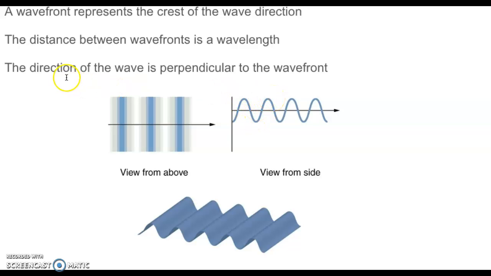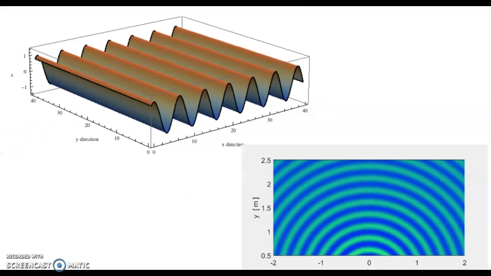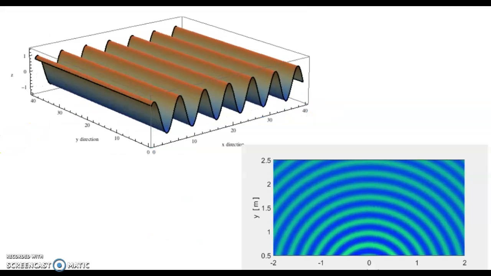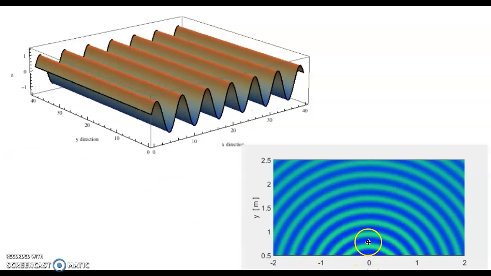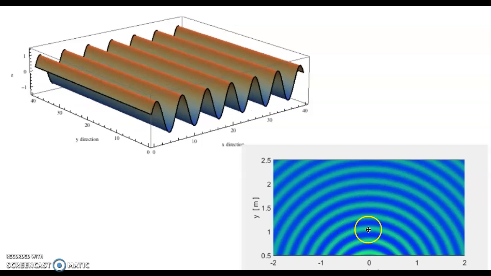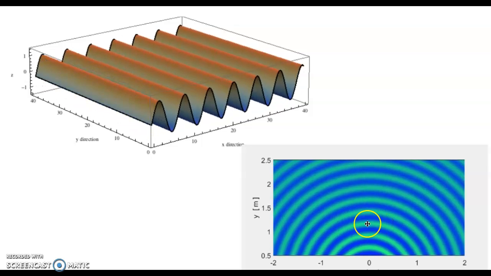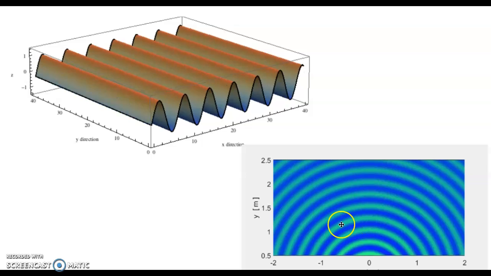And the actual direction of the wave is always perpendicular to this wave front. So in complex situations where you have to draw diagrams of wave fronts, it's important always to notice that the wave direction is perpendicular to the wave front.